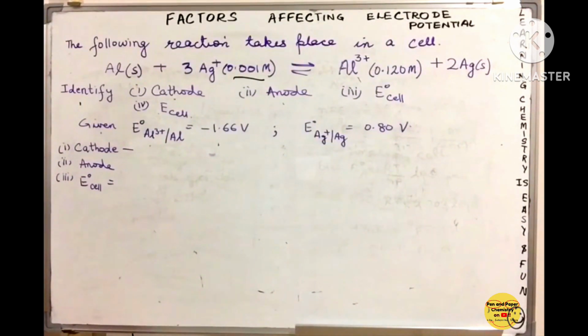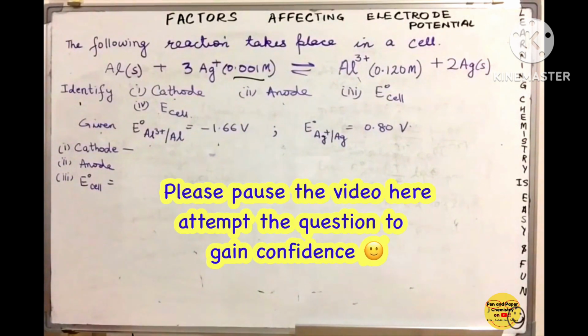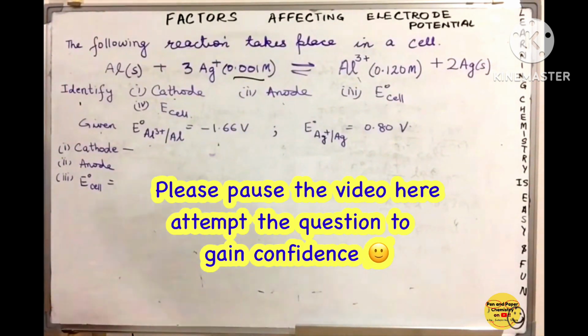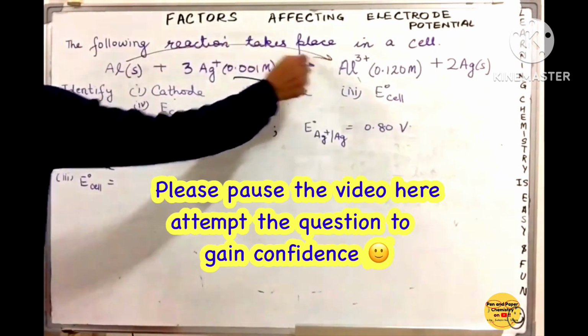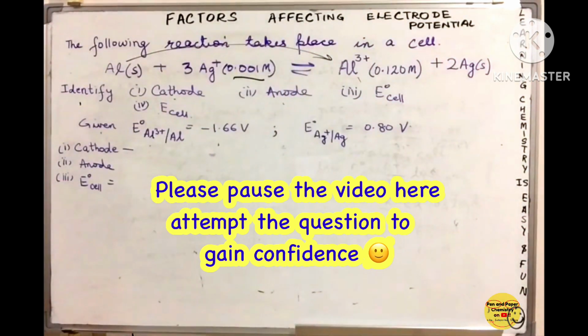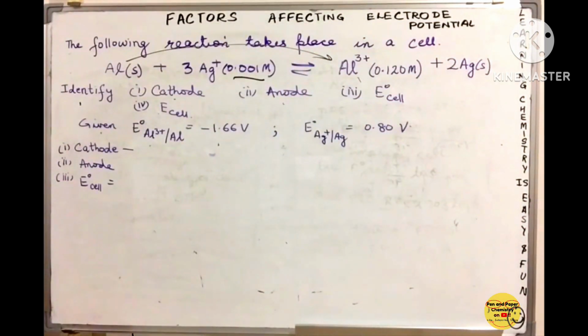Okay, let's start with the first thing. Would you like to try and answer the first and second and maybe the third part, because we've already covered this in the previous video on electrode potentials and EMF of a cell? Go ahead, give it a try. You can pause the video, give it a try, and then tally your answers. Al changing to Al3+ is loss of electrons, right?